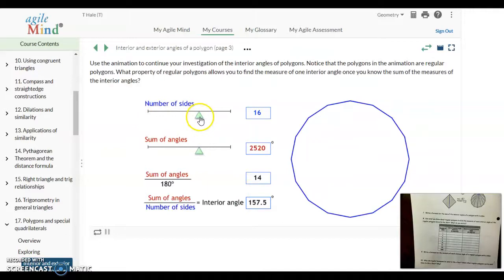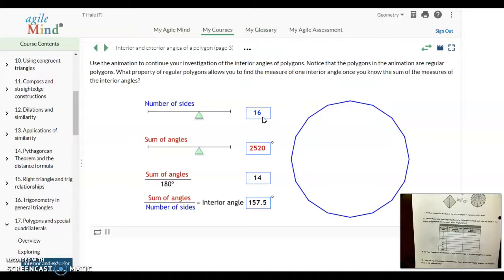So let's go up to a 16-gon. If we wanted to know what the sum of the angles is, then we really need a formula here because that's going to get a little cumbersome. But remember that the number of triangles we could form is simply the number of sides minus 2, n minus 2. And so 16 minus 2 is 14 triangles, and then we just multiply that by 180 since that's the sum of the angles in any triangle.